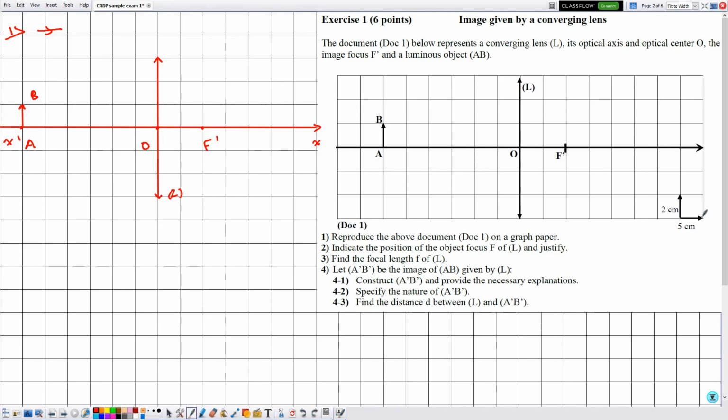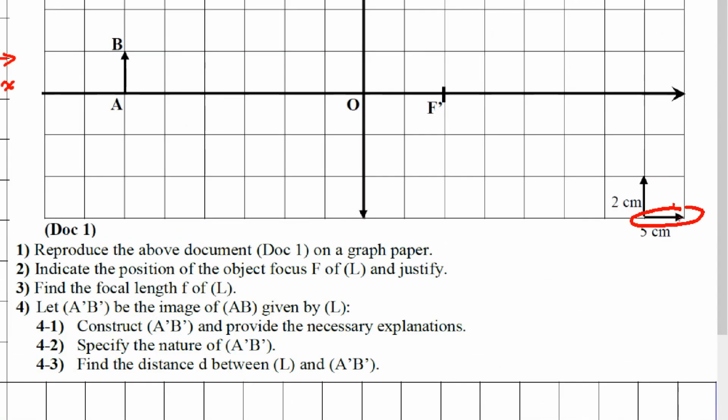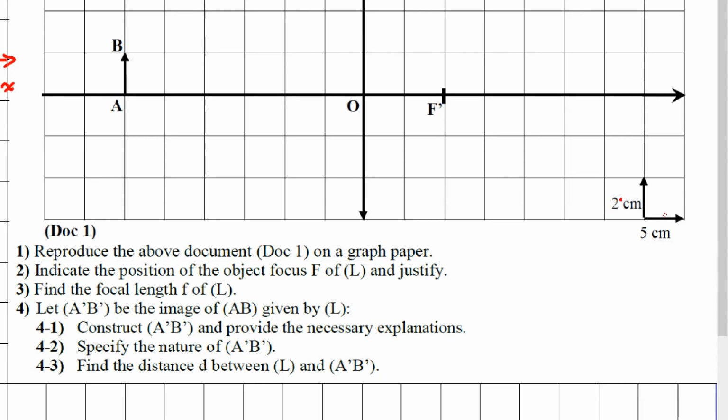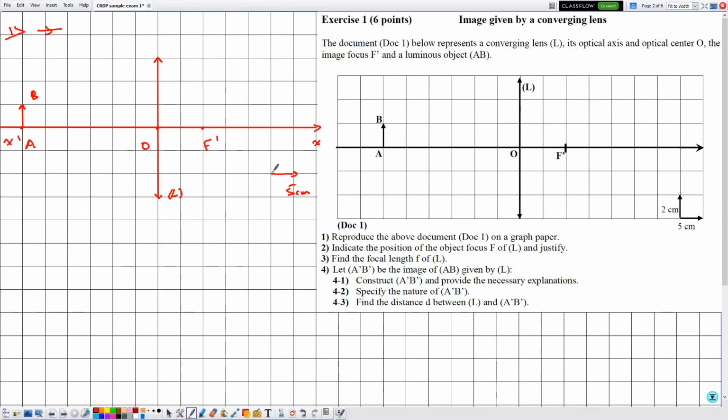And we don't forget the scale. The scale along the x-axis is given by 5 centimeters, and along the y-axis is given to be 2 centimeters. Then this is it for part 1.